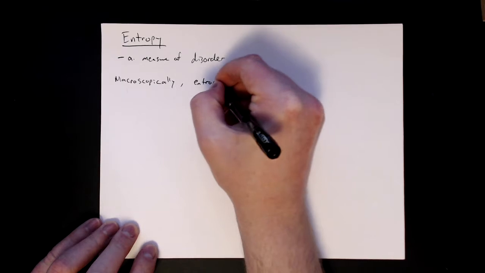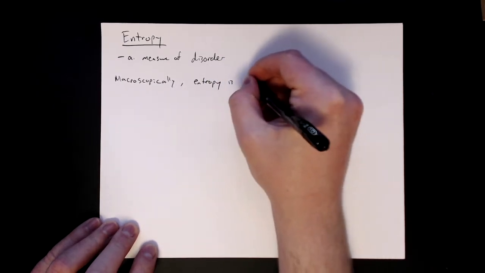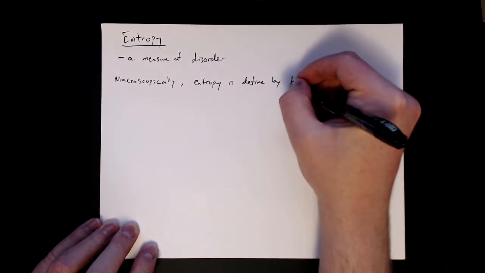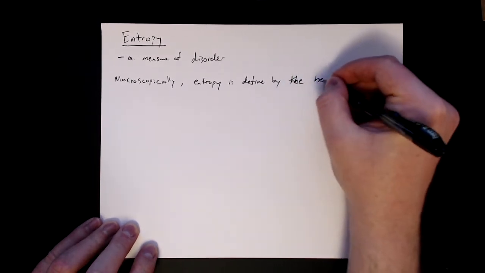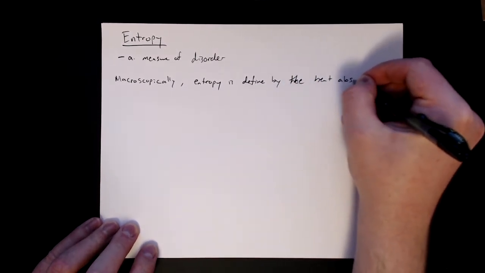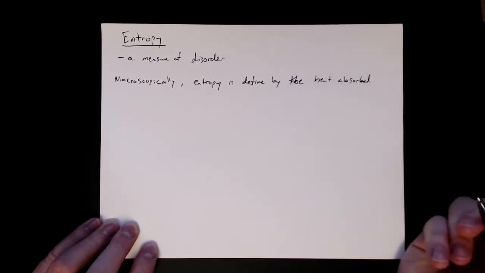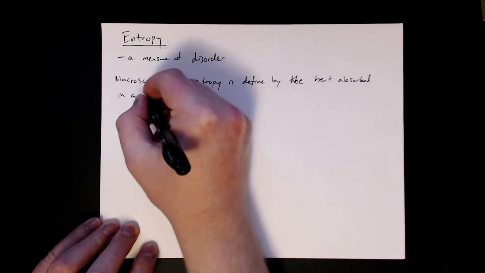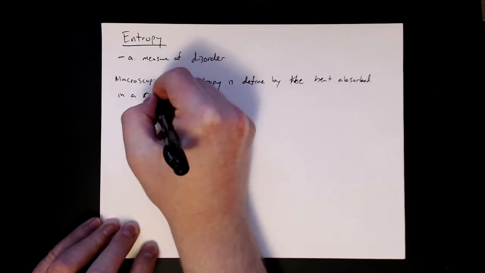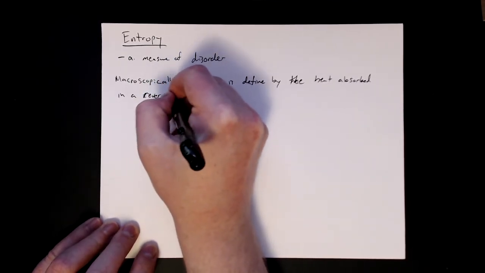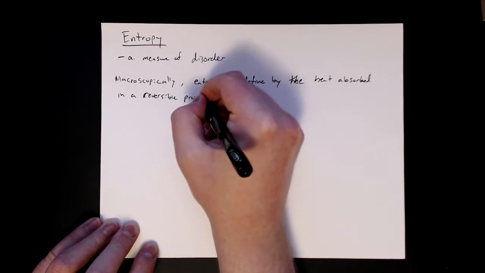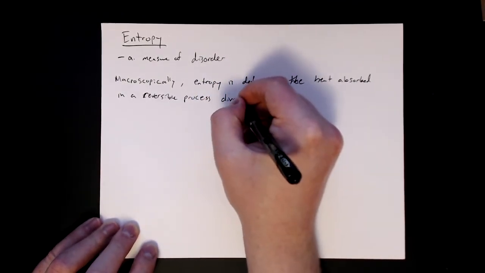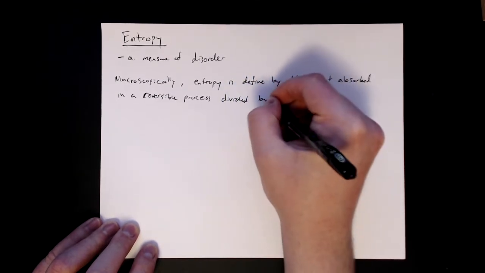So entropy is defined in that way by the heat absorbed, similar to how we did with enthalpy, in a reversible process. And that's then divided by temperature.